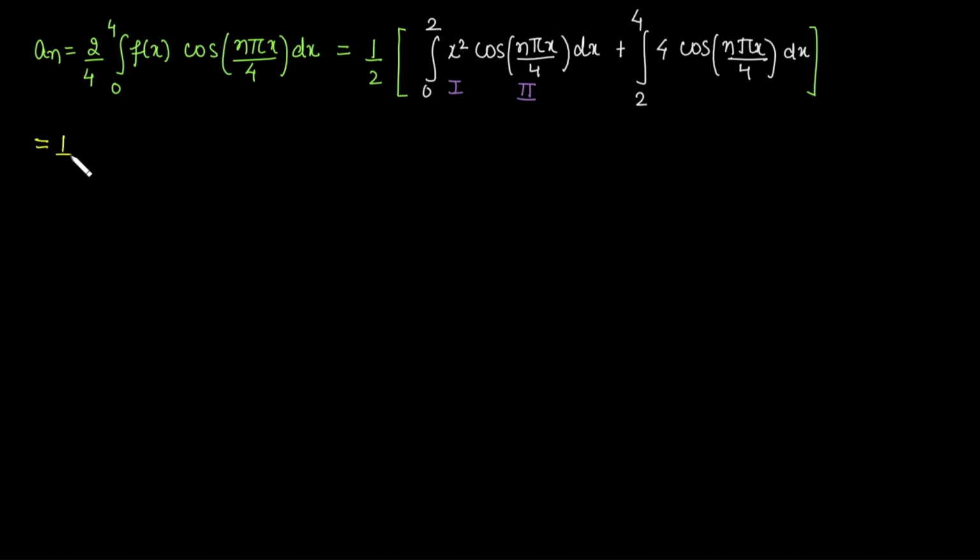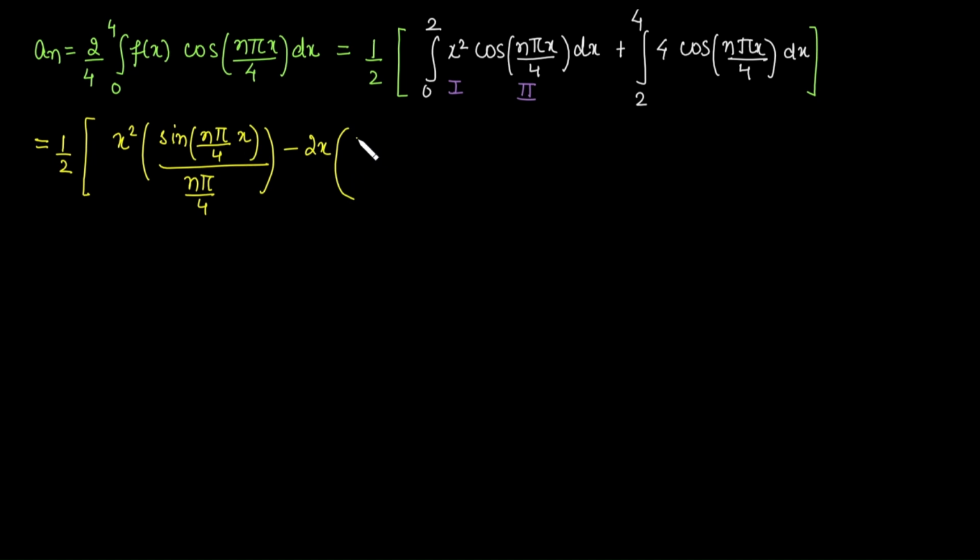This is equal to half of: first integral is x square as it is. Integration of cos is sine n pi by 4 into x divided by the coefficient of x, that is n pi by 4, minus derivative of x square, which is 2x.